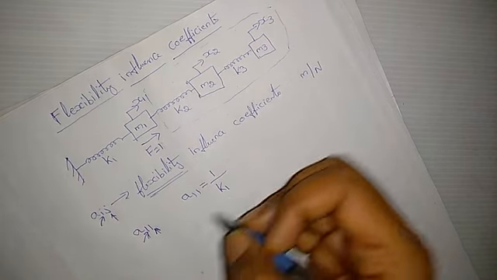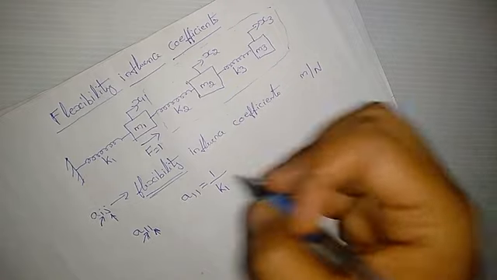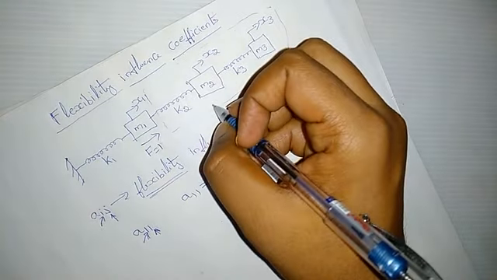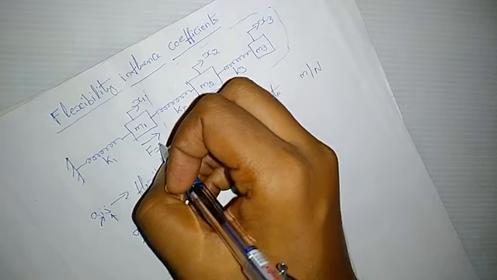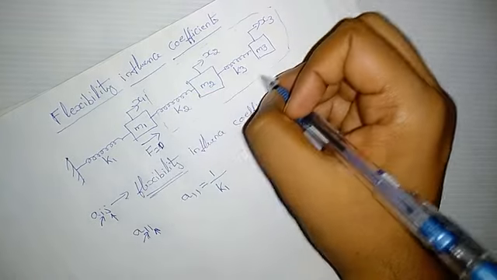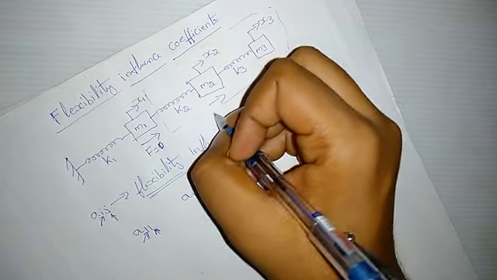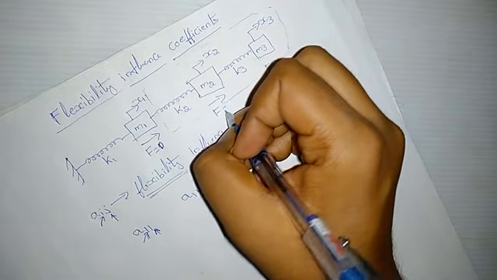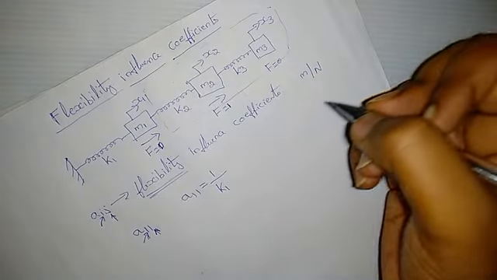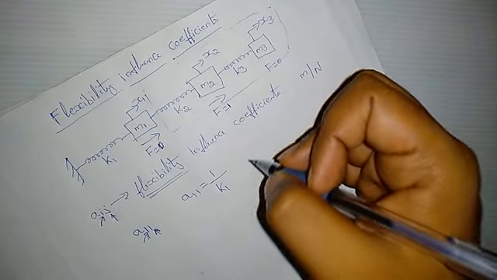Suppose we have the unit force applied at this point, so we make this 0 and this is also 0, and we have the unit force applied here. What will happen then?